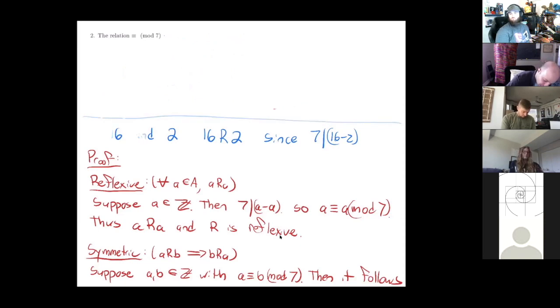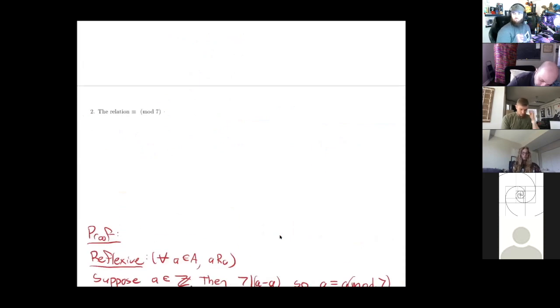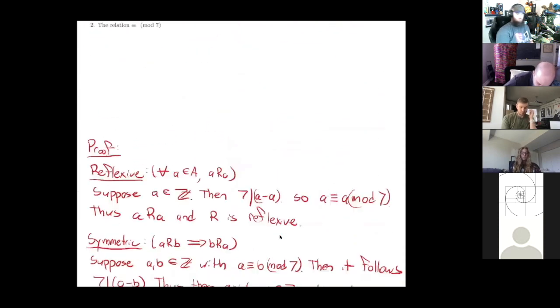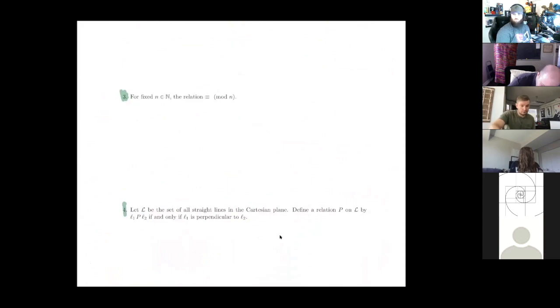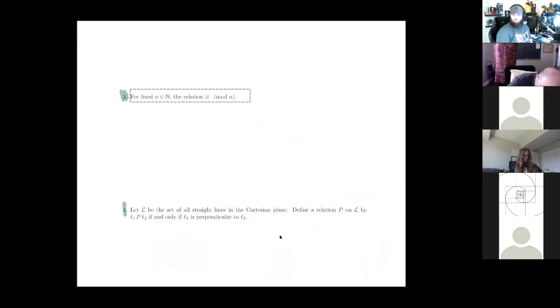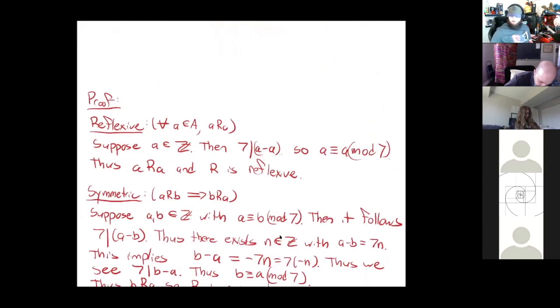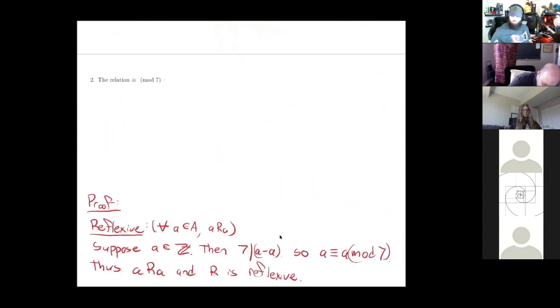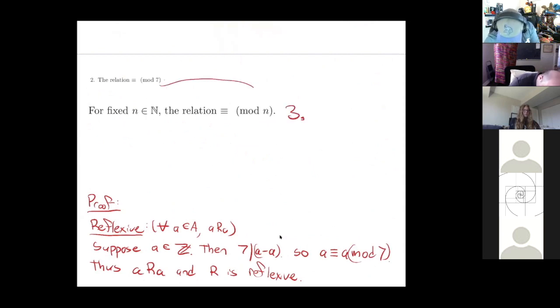So what I'm trying to do here in a slow way is go on to the next one. So here we're just going to generalize the 7 to any natural number n.